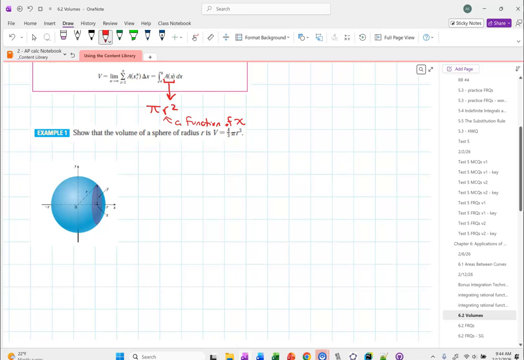Okay, so if I think about this in 2 dimensions, if I have a circle of radius r, and I rotate that around, let's not do that yet. Let's just think about my cross section here, right?